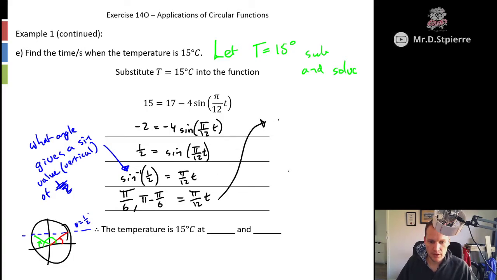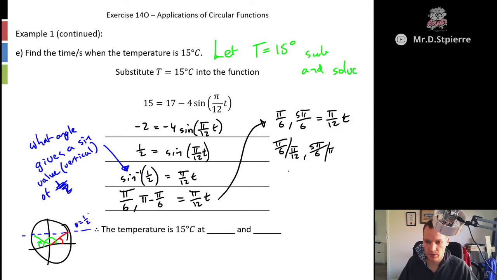Rightio, so we have pi on 6 comma 5 pi on 6 equals pi on 12 t. So we're going to get pi on 6 divided by pi on 12, 5 pi on 6 divided by pi on 12, equal to t.